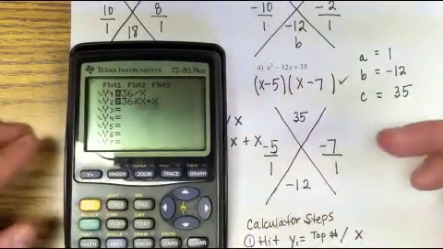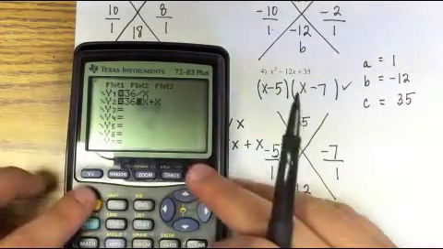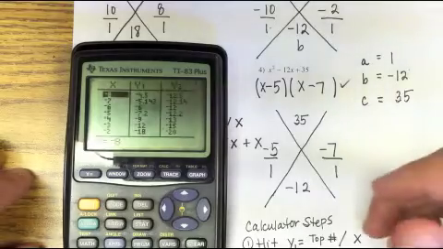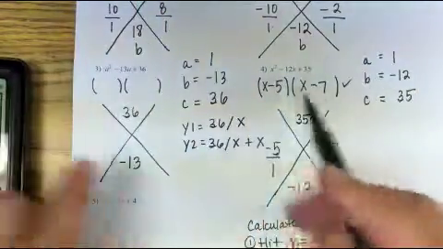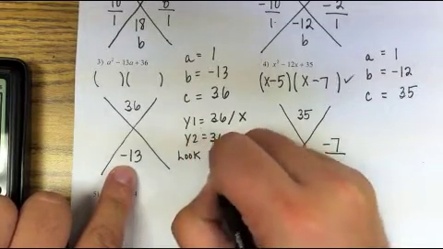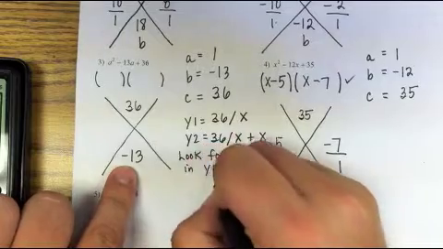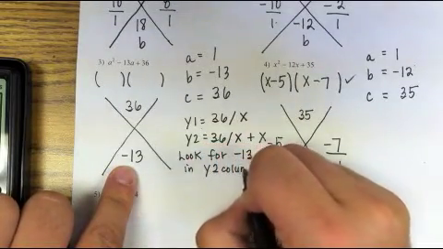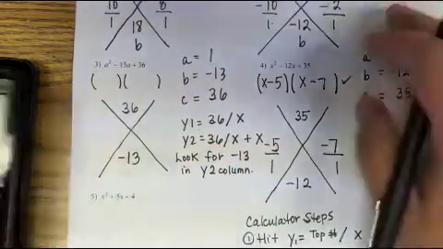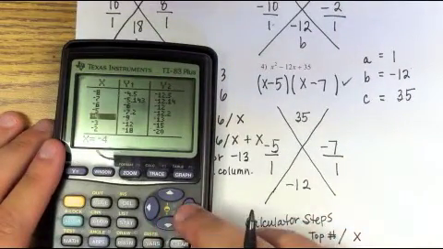All right. Now, once you've typed that in and you're good to go, you're going to go back to your table, second graph, and you're going to look for the bottom number. So in this case, look for negative 13 in the y2 column. Okay, so let's see if we can find it. And so, here it is.